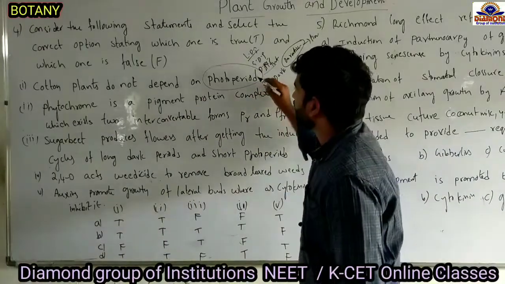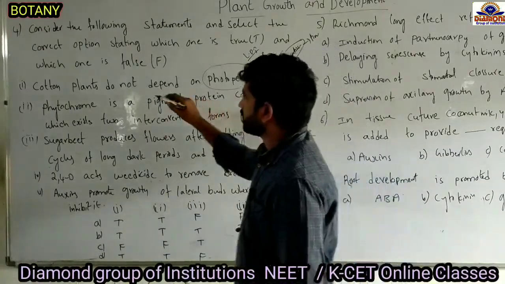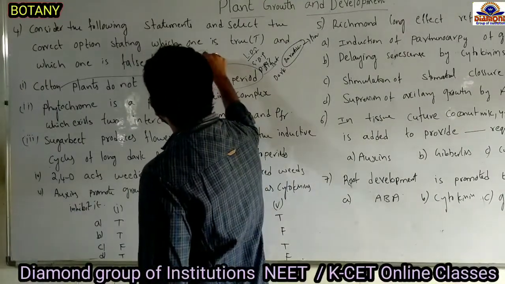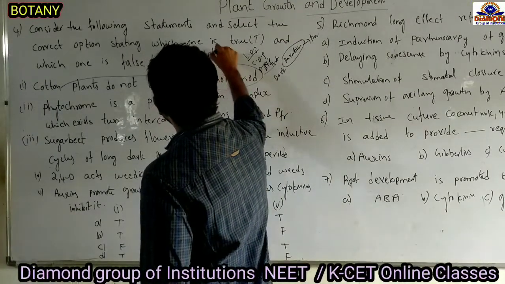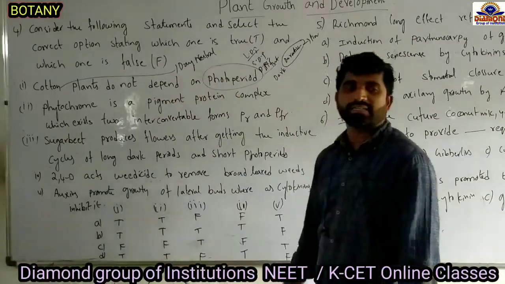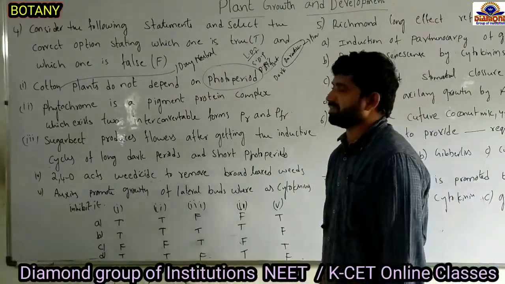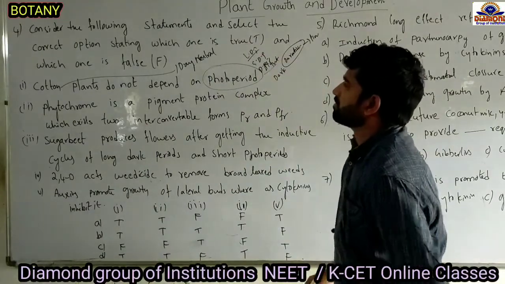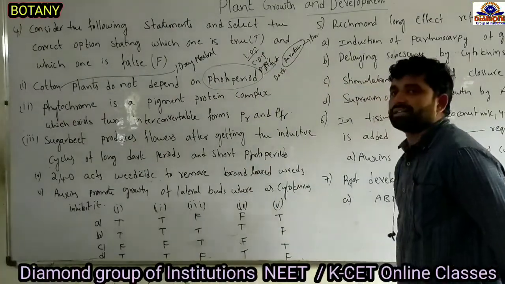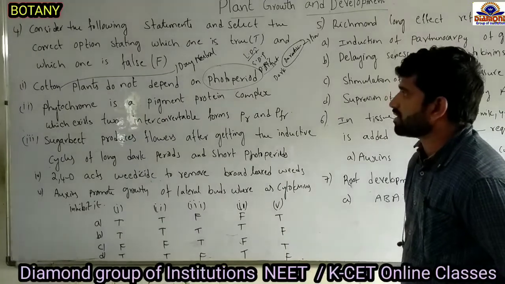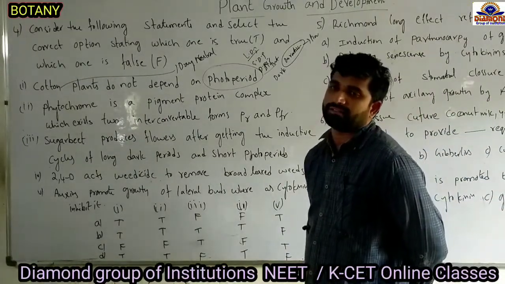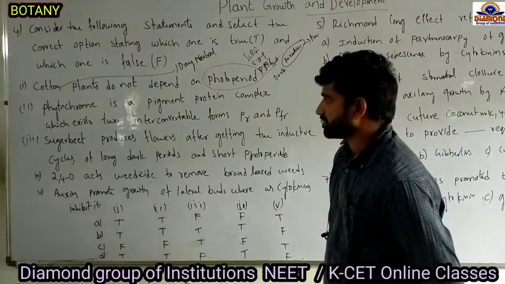Cotton is an example of a day neutral plant, so it does not depend upon the photoperiod. That's why cotton plants are day neutral plants. They can induce flowers without depending upon the dark and light phases, continuously.